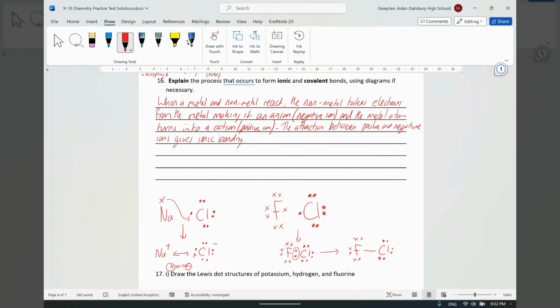So covalent occurs between nonmetals where they share electrons to help fill both their outer shells.